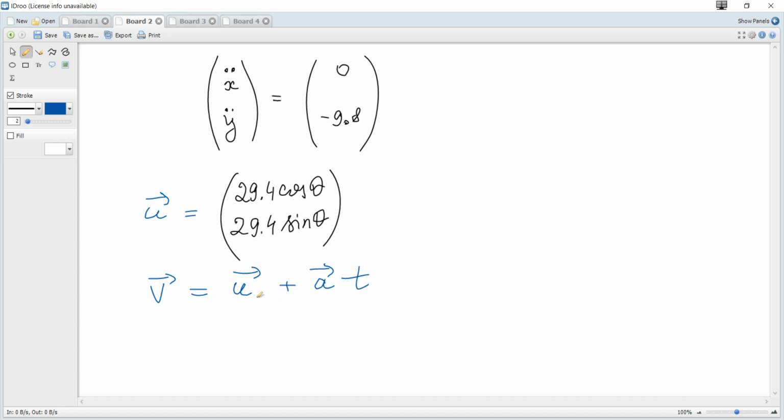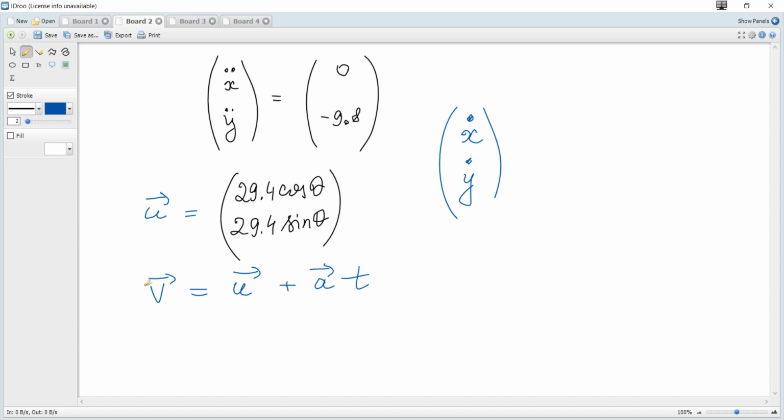Or you may integrate, because actually velocity is x dot, y dot, the first derivative of the displacement in corresponding components, and to get the first derivative from the second, you should do integration. So integrating this component, you get negative 9.8 t plus a constant, and applying the initial conditions, that initially the velocity vector is equal to this, you can find c1, c2, and hence find the velocity vector.